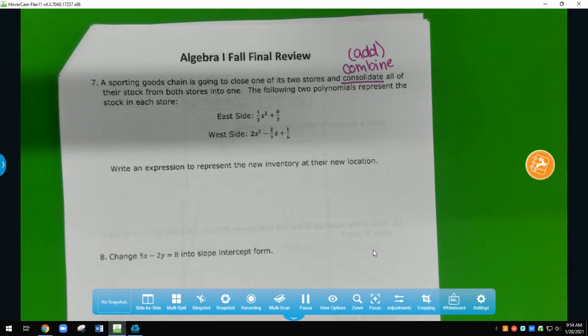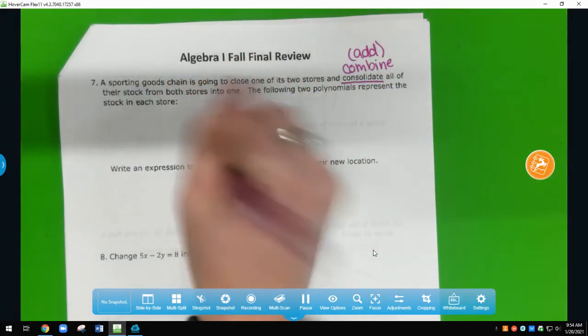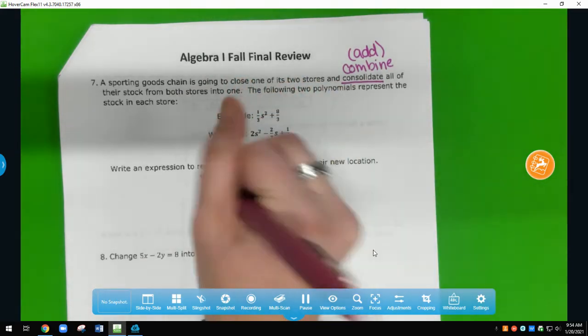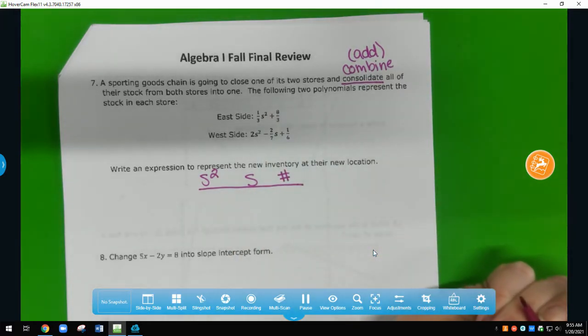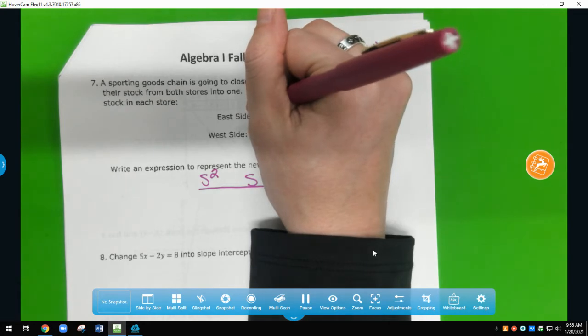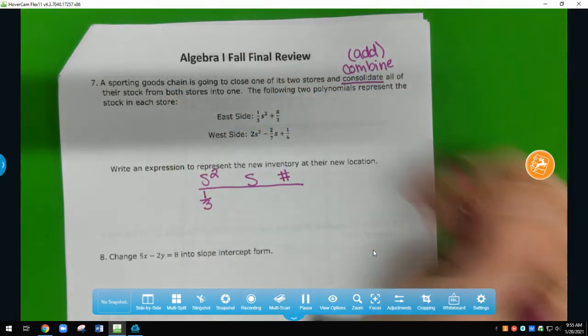Okay, so I have 3 things here. I have an S squared, so I'm going to have 3 columns. I have an S, and then I have just my numbers. Okay, so from the first one, I'm going to look at the coefficient or the number in front of S squared. So that's 1/3.